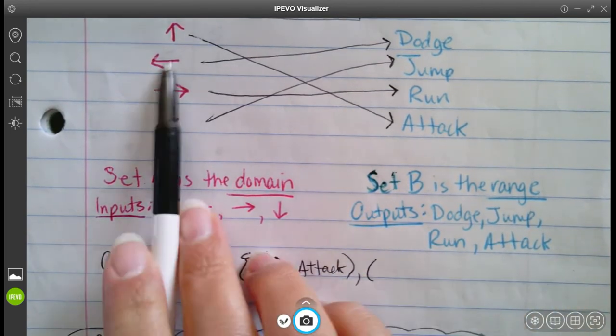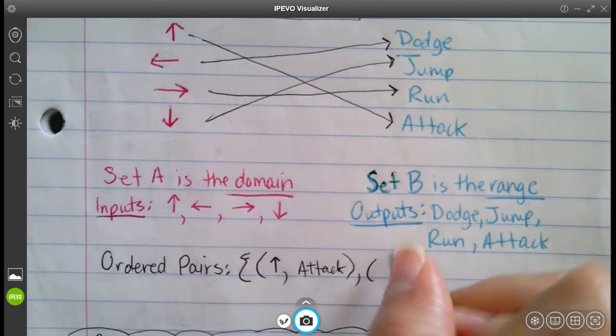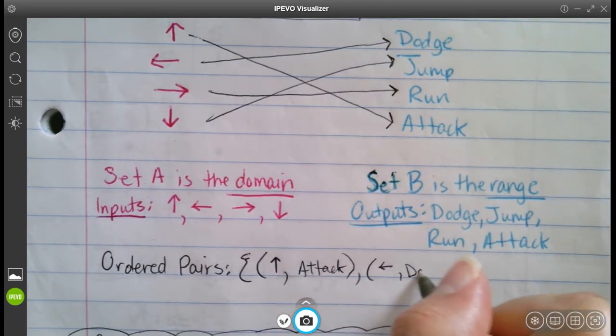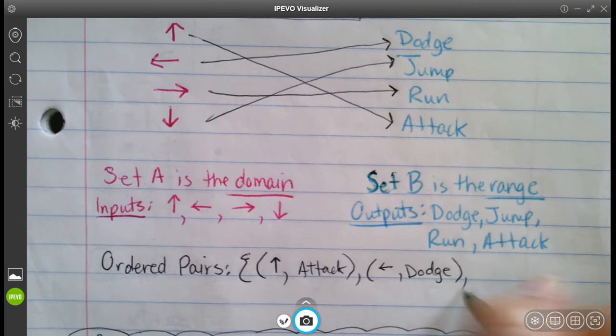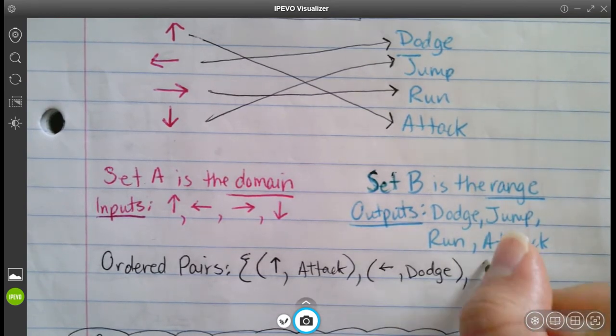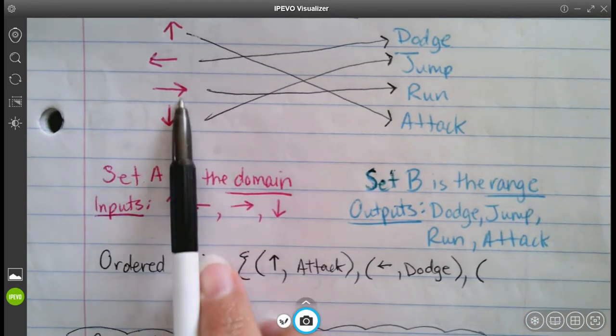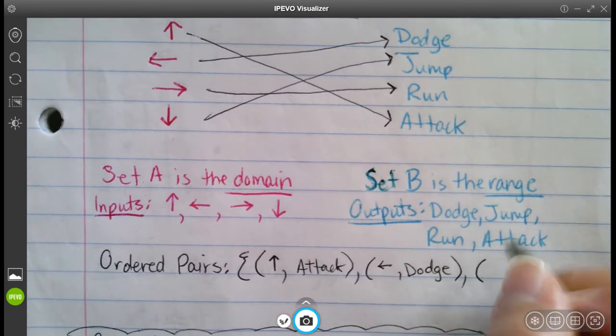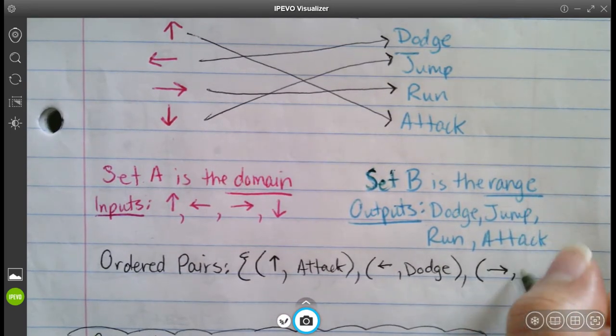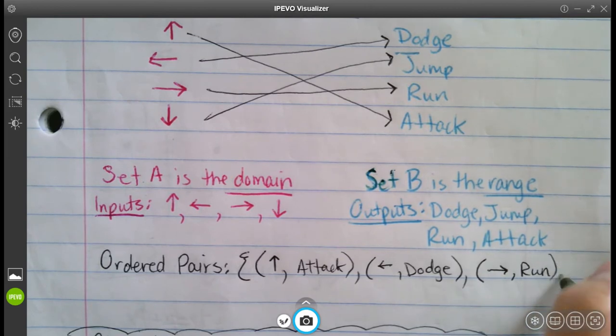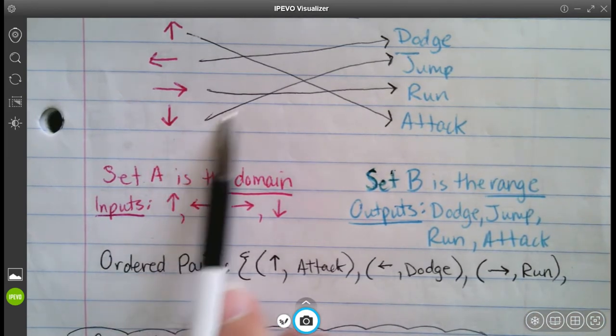The next ordered pair, left goes with dodge. So left, dodge. The next one would be right, goes to run. So the right arrow is going to make you run. And the last one, down goes to jump.